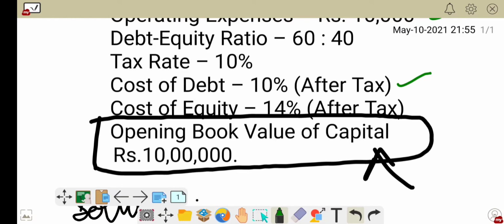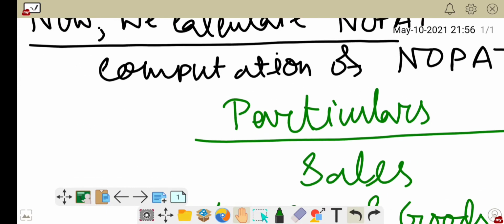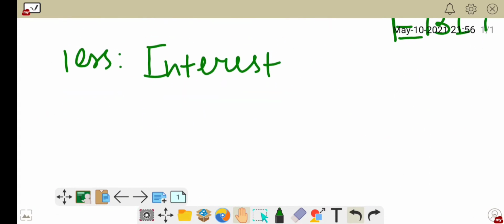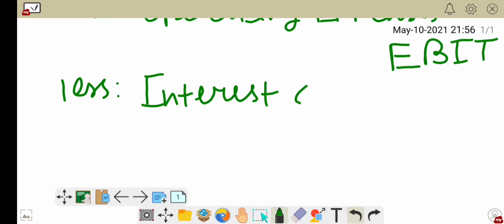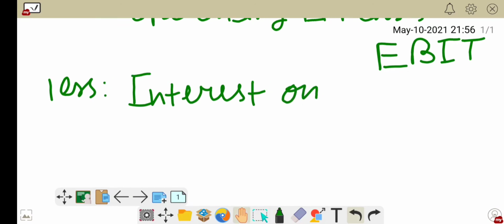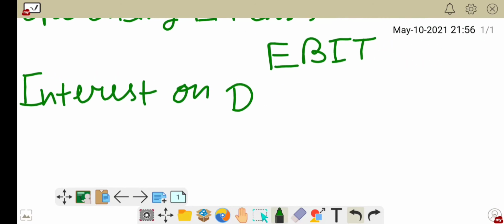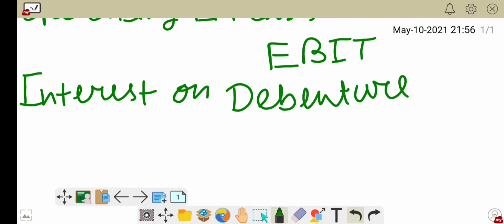The 14% debenture is also given, so we will write down 14% debentures, less interest on debenture, because debenture is borrowed capital. Equity is not borrowed capital.